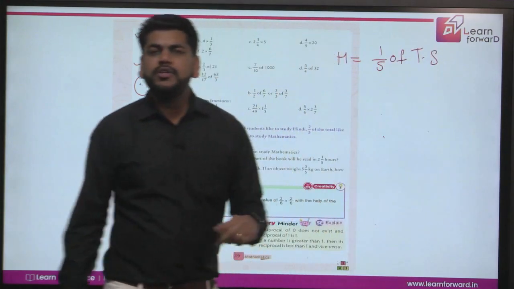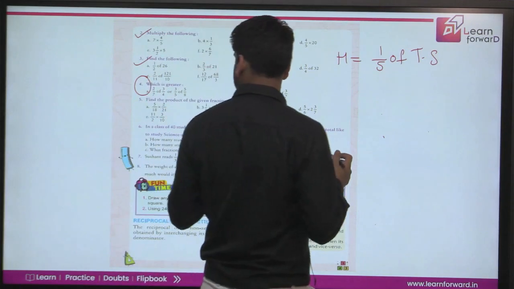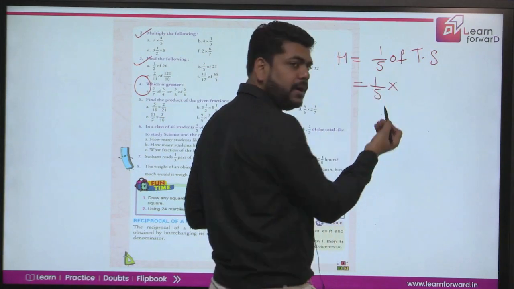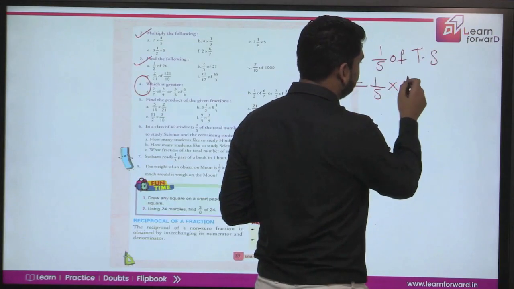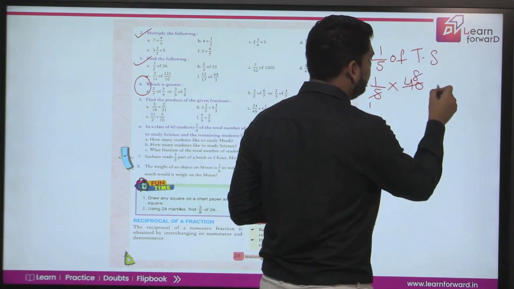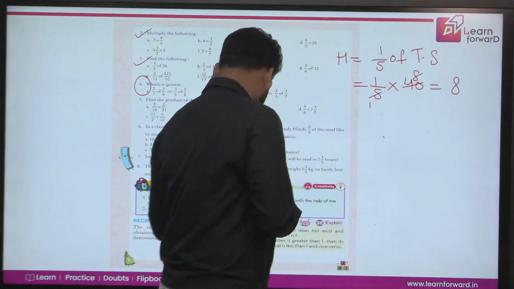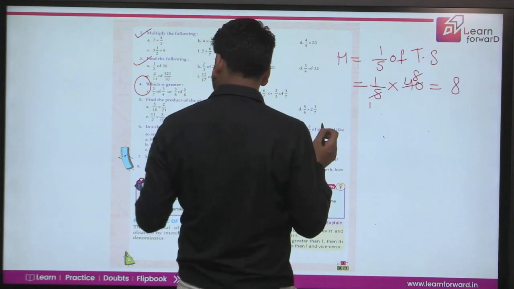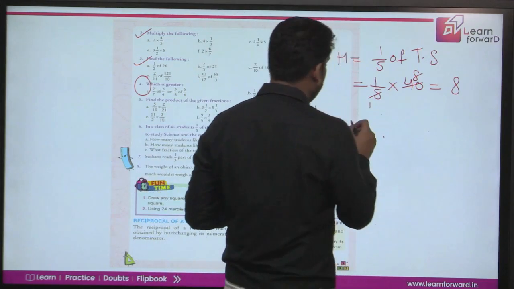So how many total students are there? 40, right? So 1 by 5 of means multiply by 40. 5 ones are 5, 5 eights are 40. So the answer will be 8. So how many students like to read Hindi? 8 students.